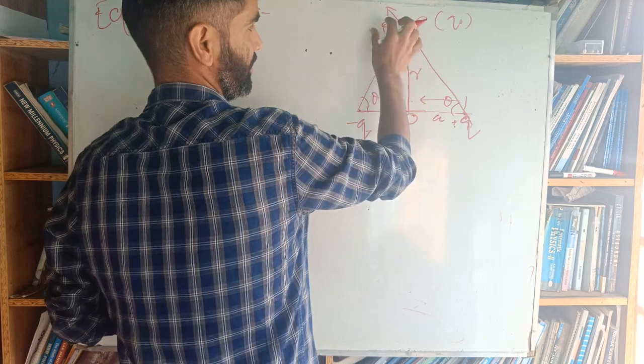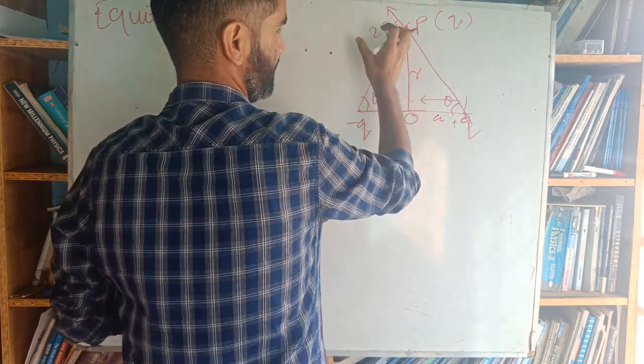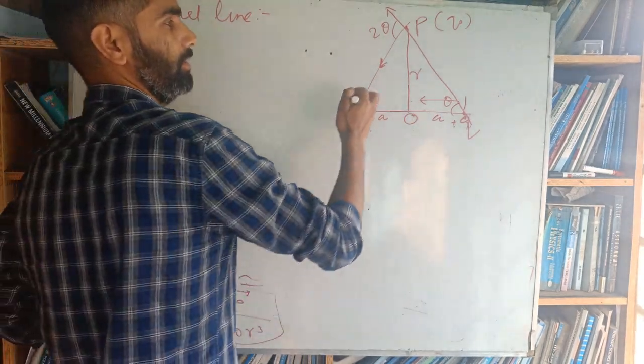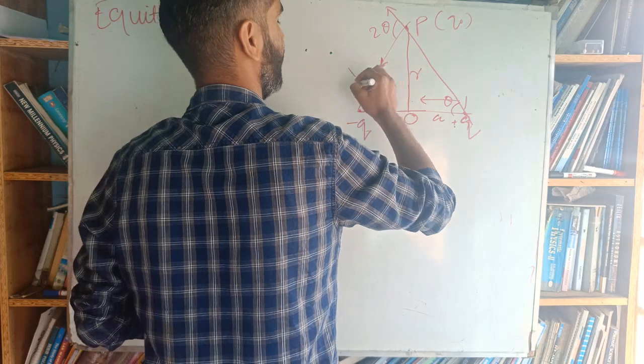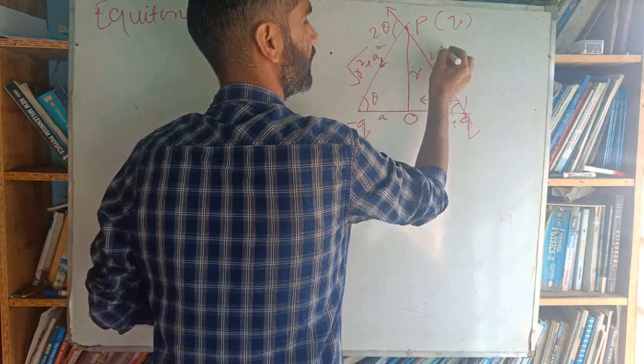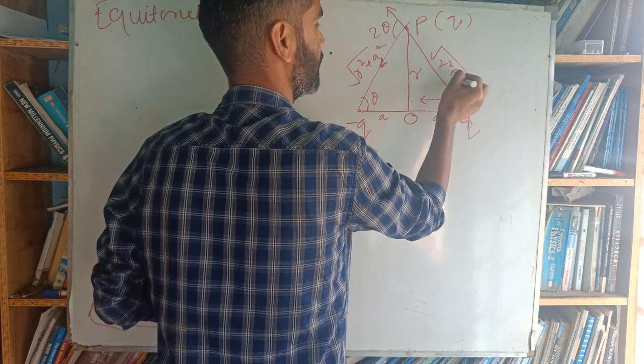The exterior angle is always equal to the sum of the two interior opposite angles. Also from this right triangle, I can write this distance is square root of r square plus a square. Similarly, this distance is square root of r square plus a square.